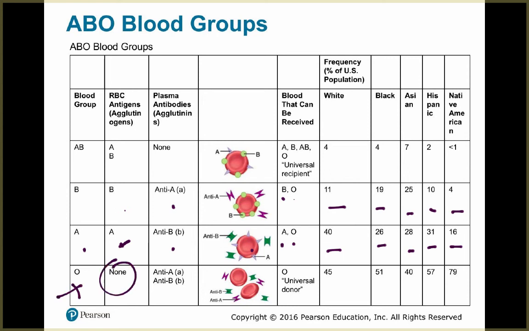O has no antigen at all on it, so it's going to make antibodies for A and B, anti-A and anti-B. You can see here, nothing on that red blood cell, so it's going to be looking out for these guys.